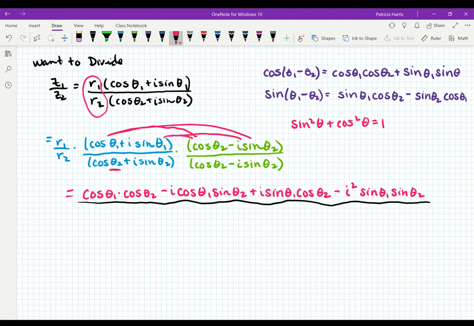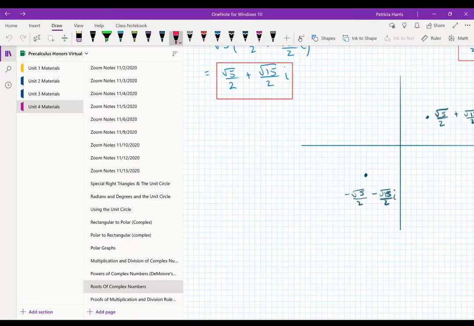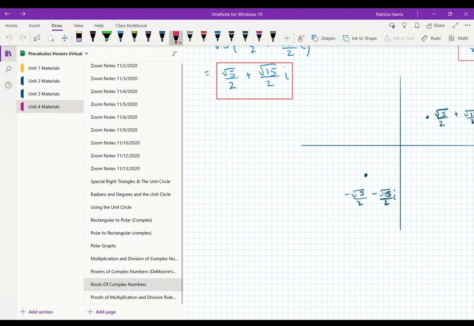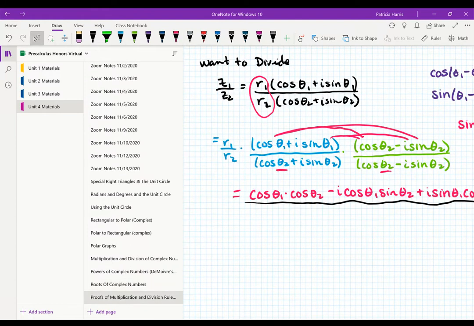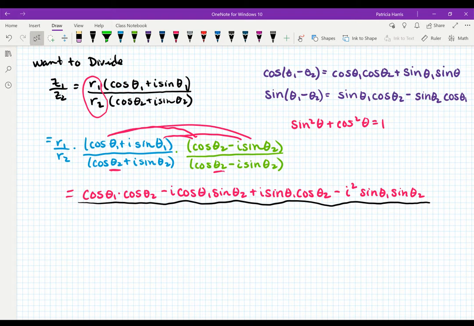So now notice that when you're multiplying, you have theta 2 and theta 2. So what you're going to do, oopsie. Okay, oops. A little technical difficulty there. All right. So we can actually write that as cosine squared theta 2. Okay. And then we're going to multiply it again.